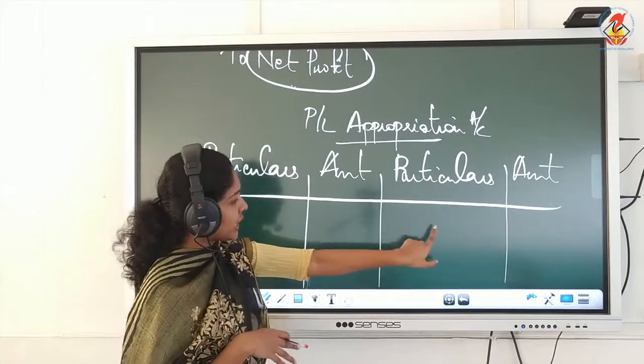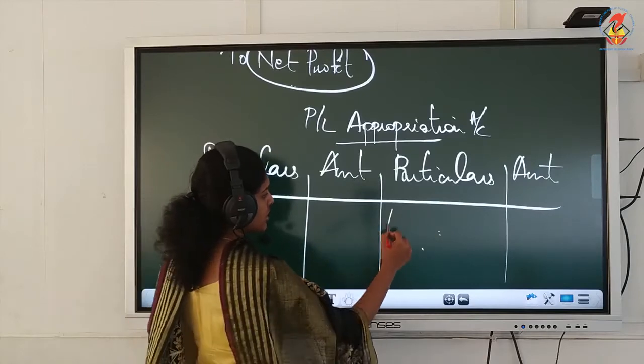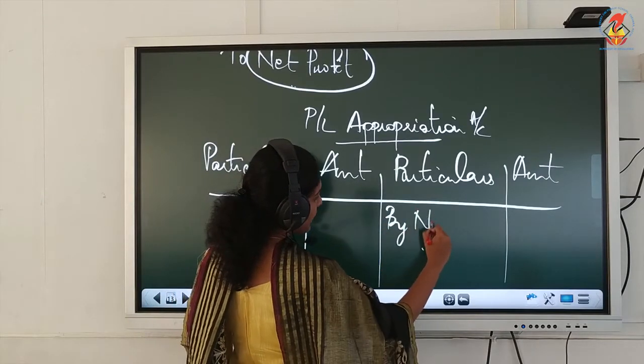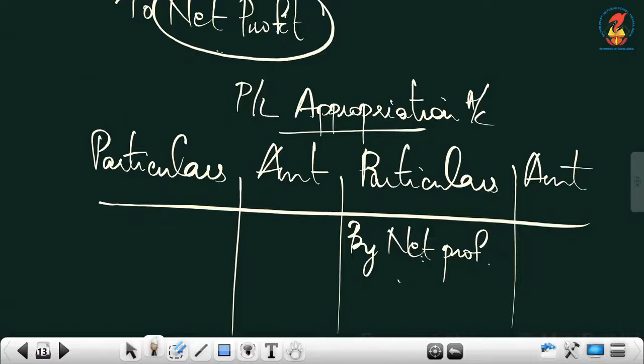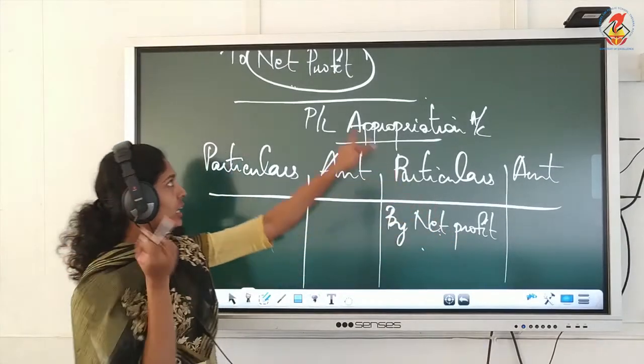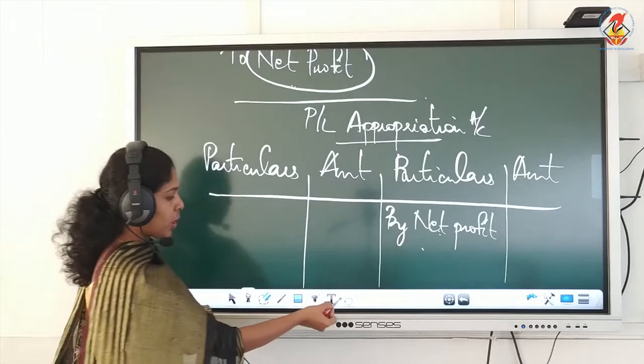So this particular item will go to the opposite side when you start. So you have to write as by net profit. No need to prepare P&L account. I just showed the format for you to understand. So by net profit, with that item you will start this P&L appropriation.